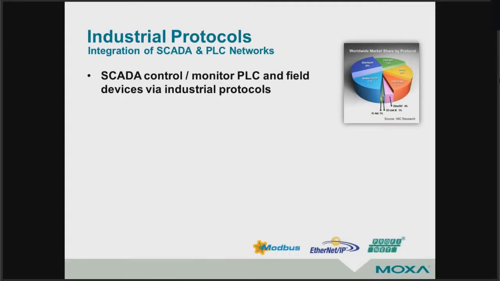Another consideration will be accommodating any industrial protocols that are currently being used. You really have a couple of options here. In one case, you can build redundant networks where you've got an isolated network for each industrial protocol that you're using, but more commonly people are using protocol converters to bring all of those separate networks onto a common Ethernet backplane.